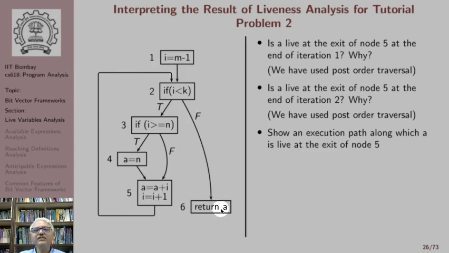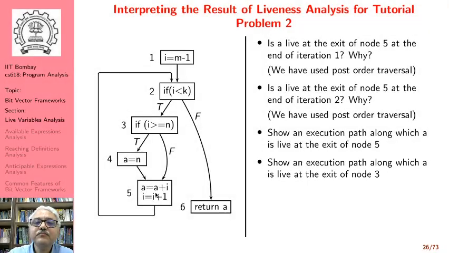So this is the execution path. The backward part of this execution path is because A is live here, therefore it is live here, therefore it is live here. So we have to pick up any execution path that has the suffix 5 to 6, and that execution path will be a valid answer for this part of the question.